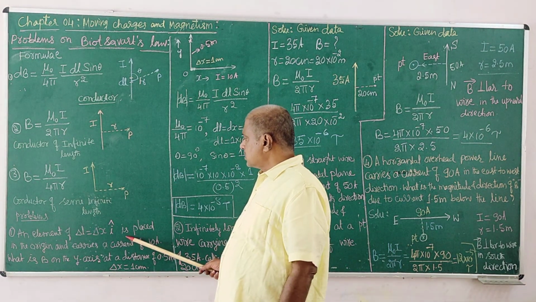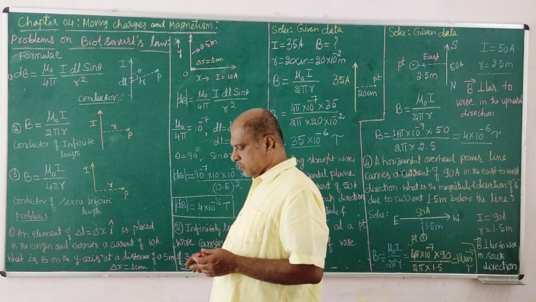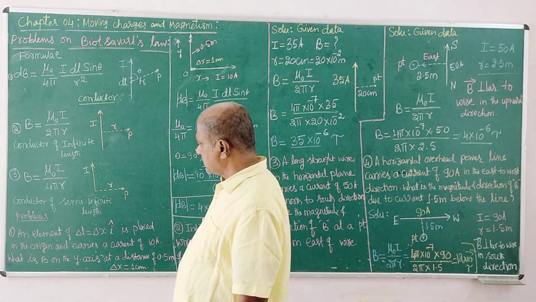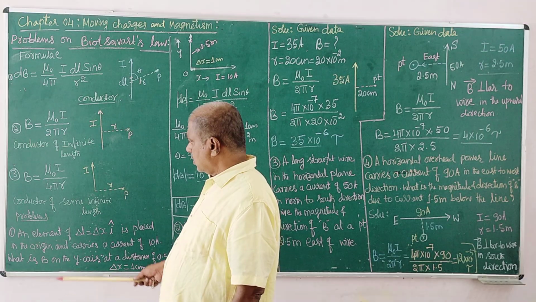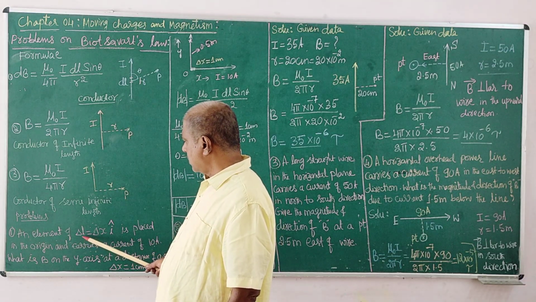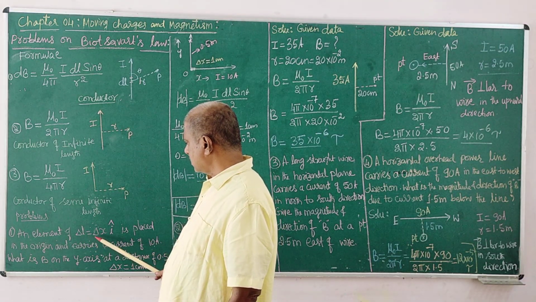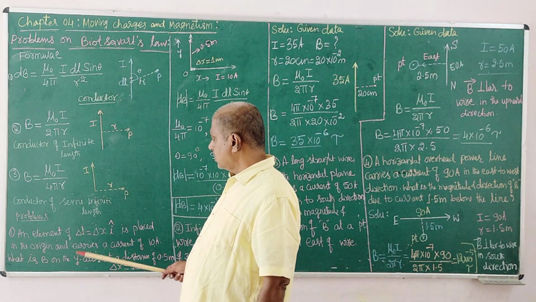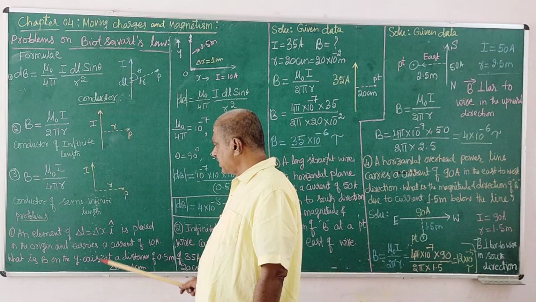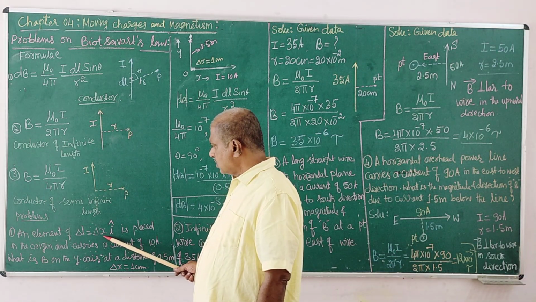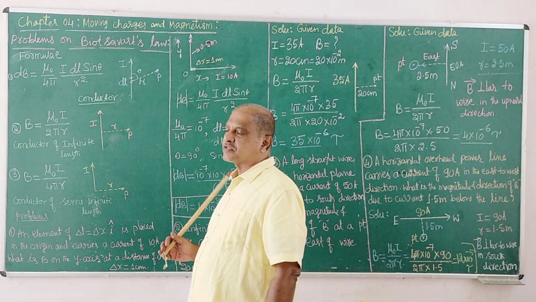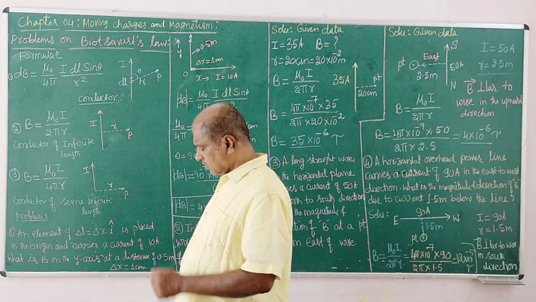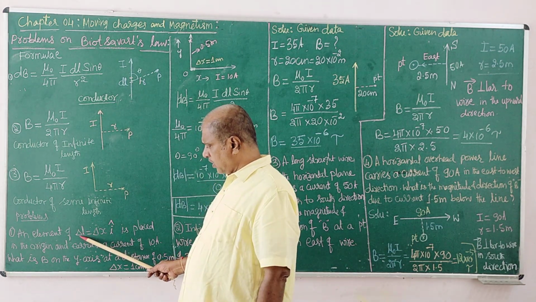Now let us move on to the problems one by one. The first problem is this. An element of dl equals dx i unit vector. This represents Cartesian coordinates, that is, dl is in the direction of x. dl means a small value of l.